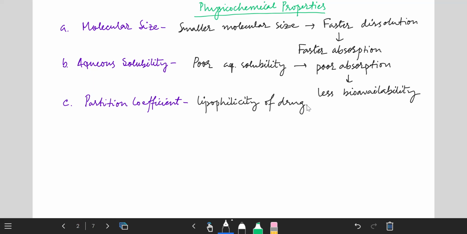But in CRDDS, it also determines the diffusion rate.